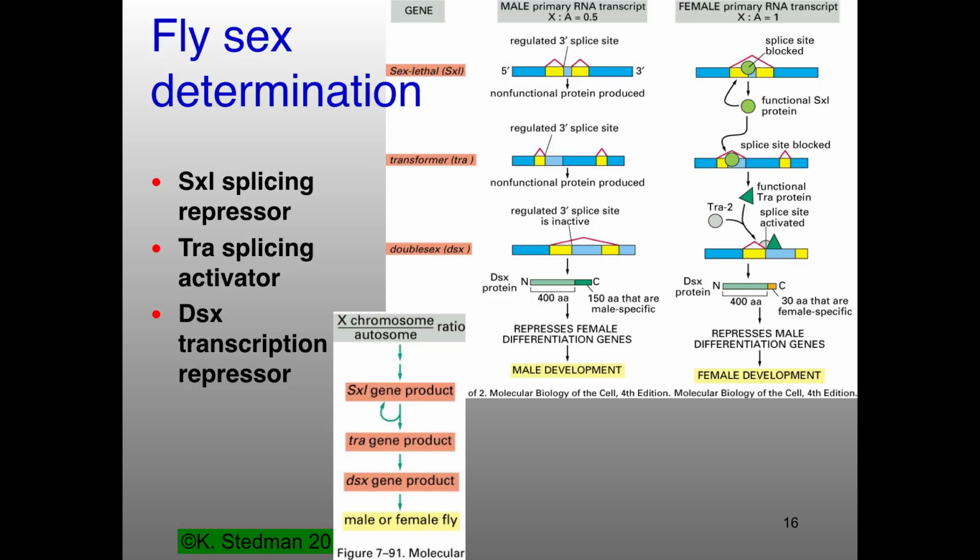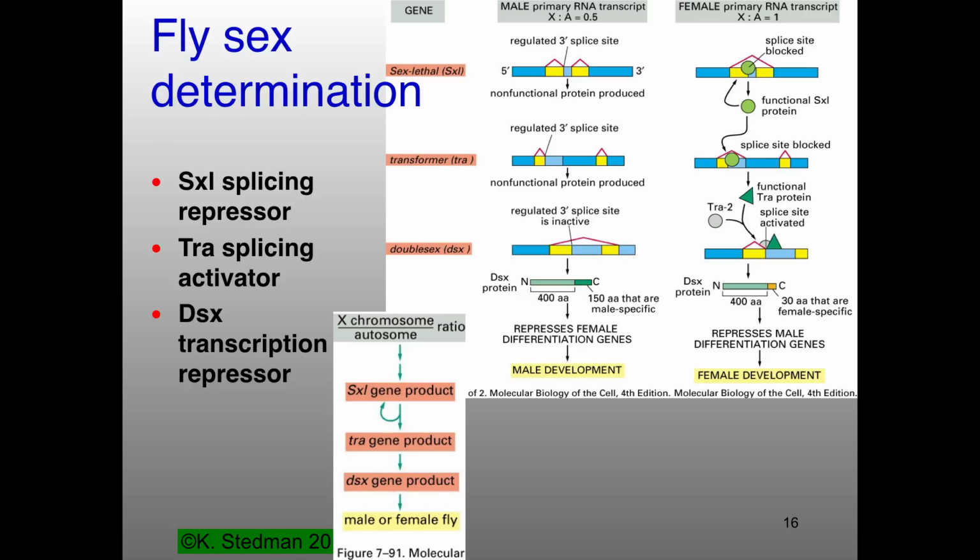Sex determination in flies. Somebody asked me a question about this also on the emails. Is it really just the presence of doublesex and which form it is that determines the sex of the fly? Yes, it really is. Flies have very bizarre sex determination systems. If you don't have doublesex, the fly actually develops as both male and female, which is very, very bizarre.